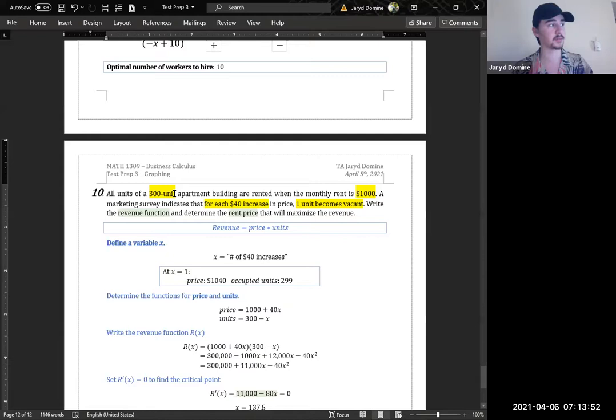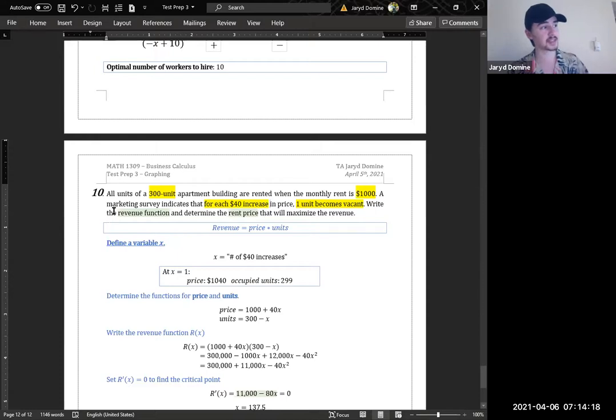All right, so this is like supply and demand. If we go $1,040, we'll only have 299 apartments filled. If we go up to $1,080, we'll only have 298 apartments filled. Okay, so every time we jack up the price, one person moves out because they're not willing to pay it anymore. Okay, so that's what's happening.